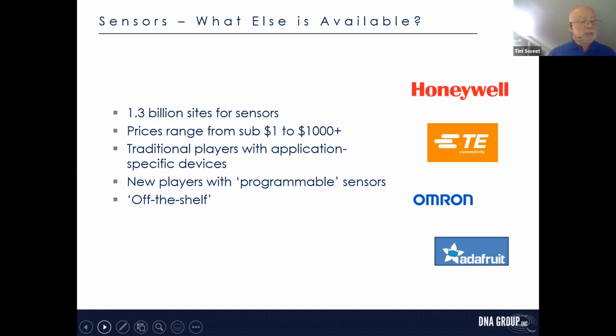There are also many new players, such as Adafruit, that drop multiple sensor components into a development board that you can play with and launch your product in relatively little time with little hardware design. But most of these are packaged and tuned to specific requirements and are priced accordingly.